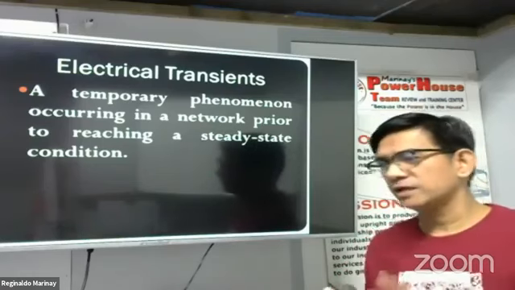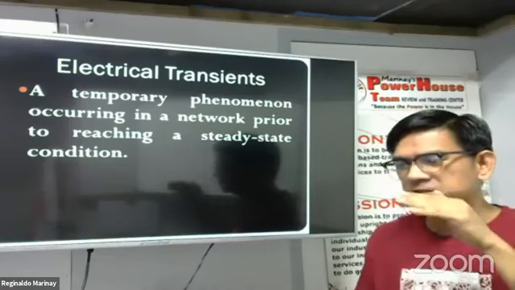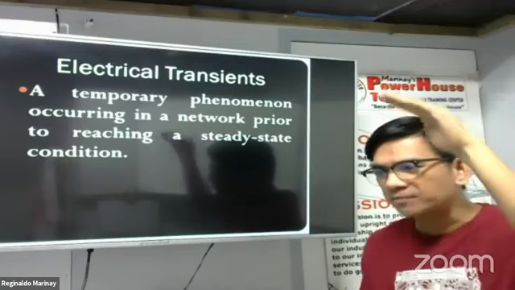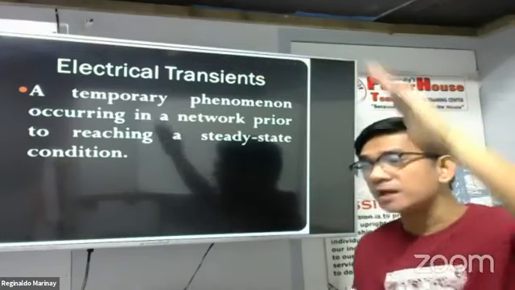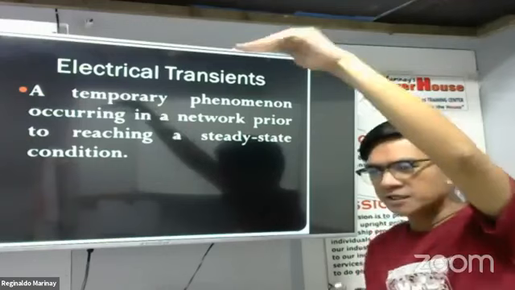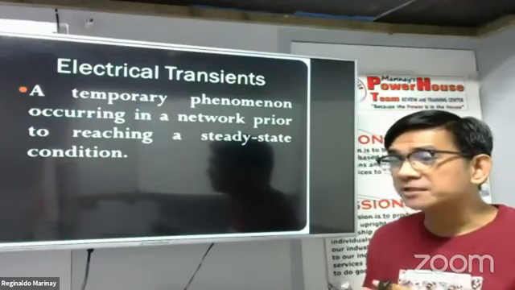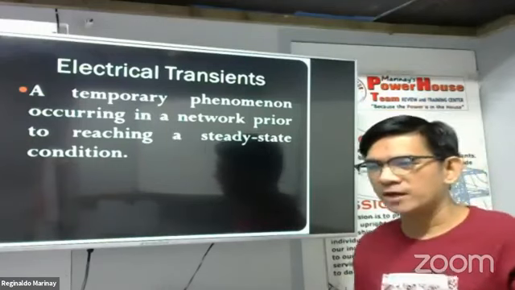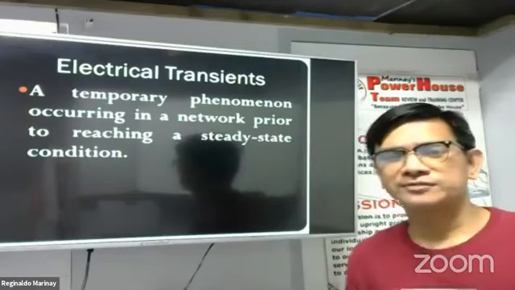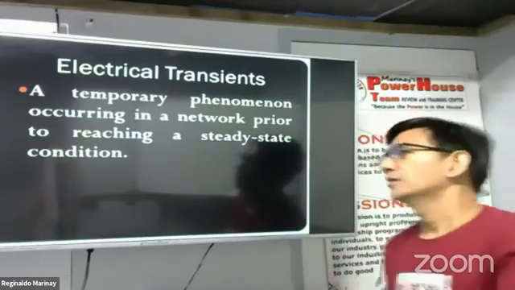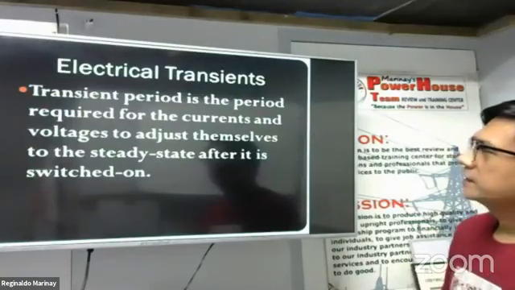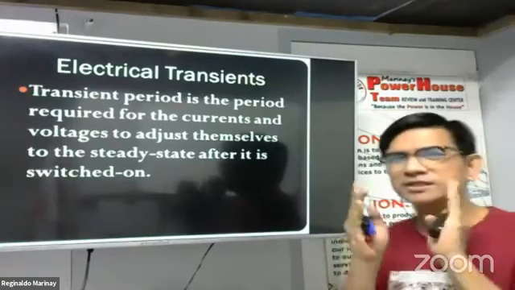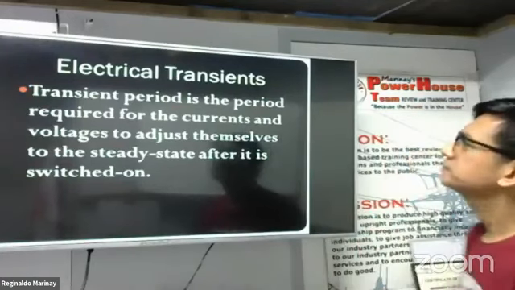There is a stage that it will build up before it reaches your normal value. So there is a build-up process for our generator. That is considered to be in a transient stage.